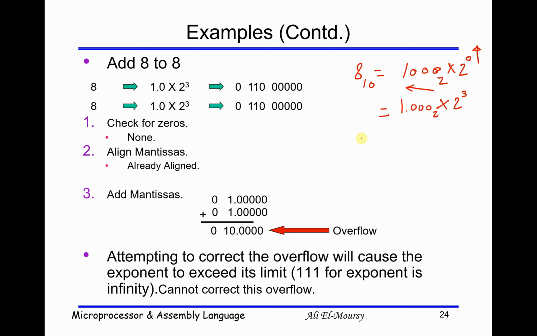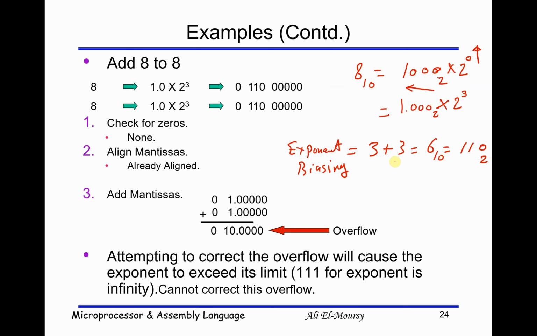I have 3 unbiased, I have to bias it, so here is biasing the exponent. 3 plus 3 equals 6. This is in decimal, so in binary it is 0 1 1.